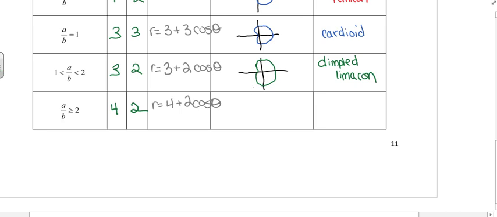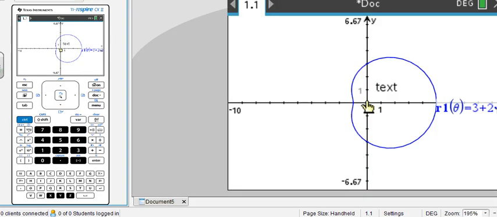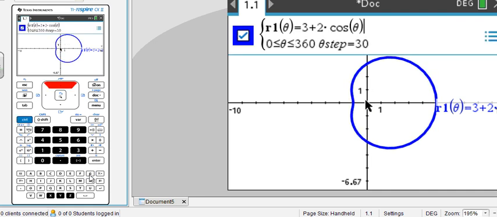Perfect. And then the last one we want to graph is r equals 4 plus 2 cosine theta. So again, Control G, and I'm just using the same one over and over.